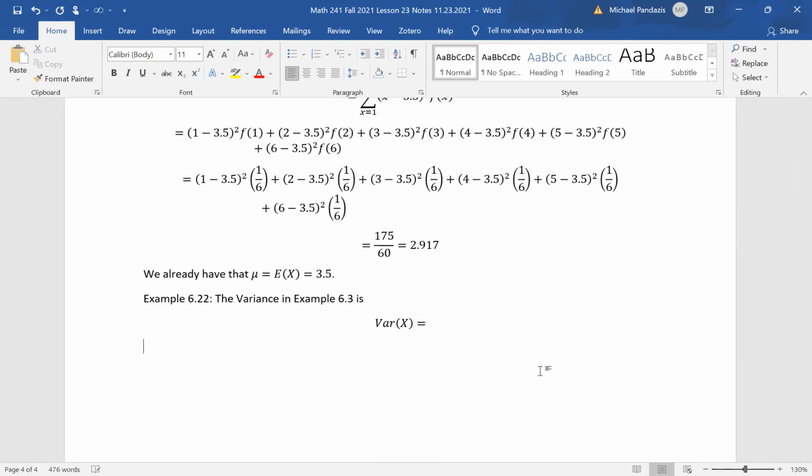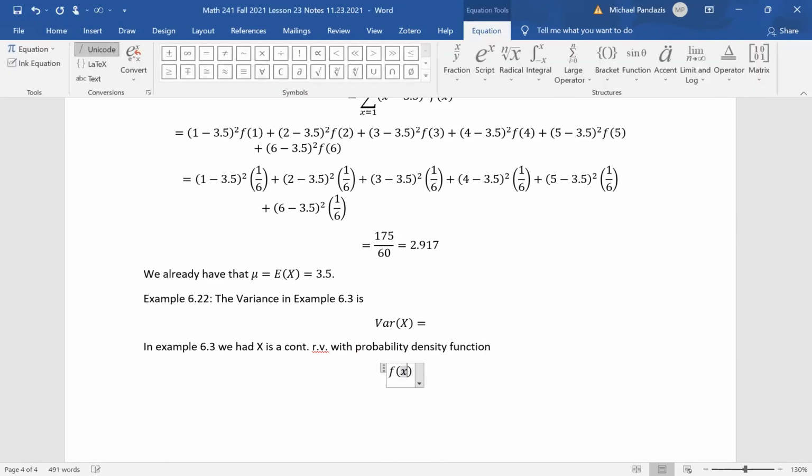Okay, so in example 6.3, we had X is a continuous random variable with probability density function f of X equal to 81 X squared for 0 less than X less than 1/3, and 0 elsewhere.